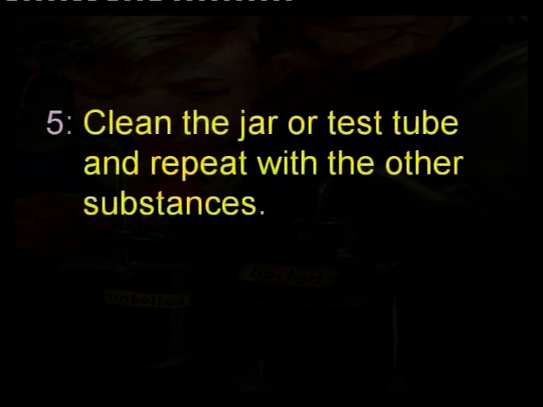So after you have done that with sugar, clean it out, and then you do that with salt. And after you have done that with salt, you move on to the next one, which is flour. That's for the model class.